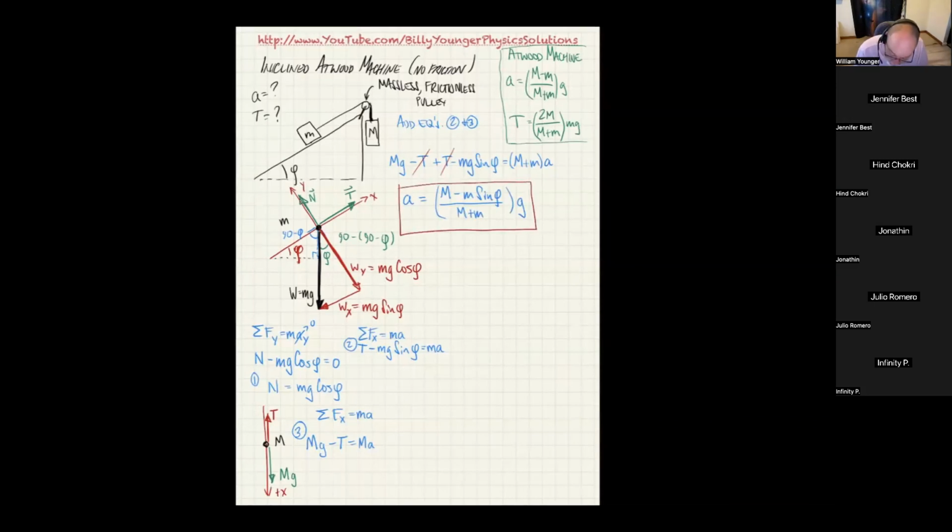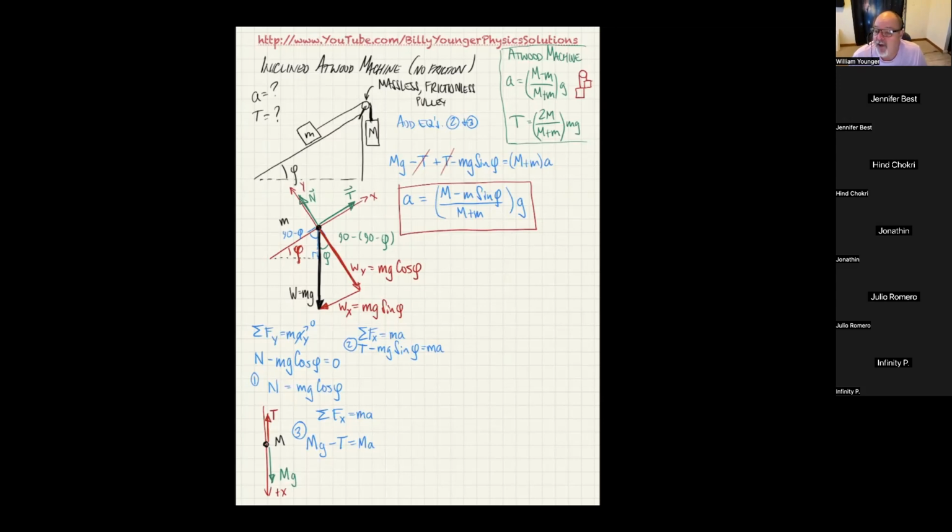Now, this Atwood machine, remember, was essentially a pulley with a mass and another mass, right? So what angle would I have to make this incline to make little m look more like the Atwood machine? I'll ask you more pointedly.